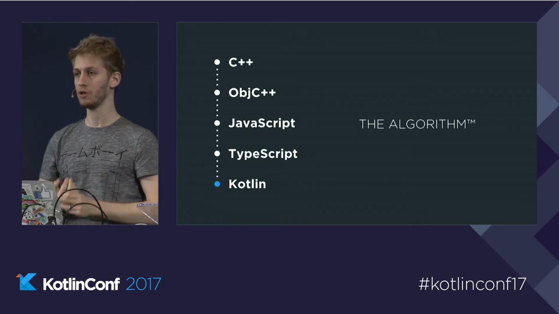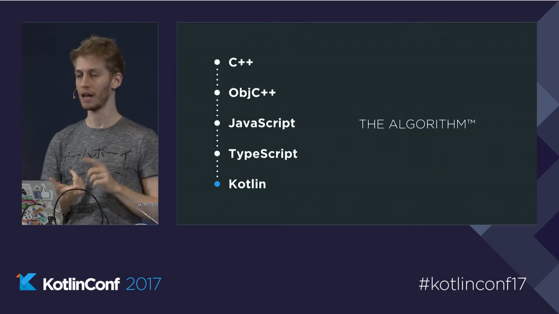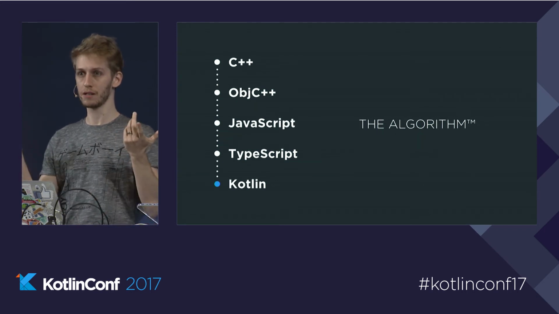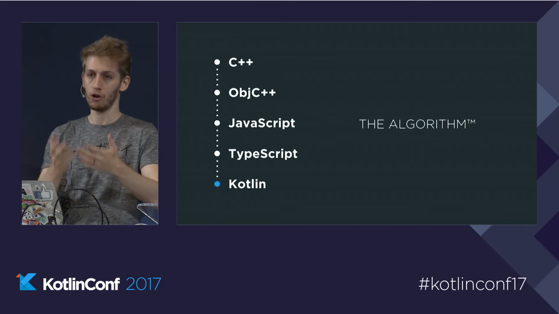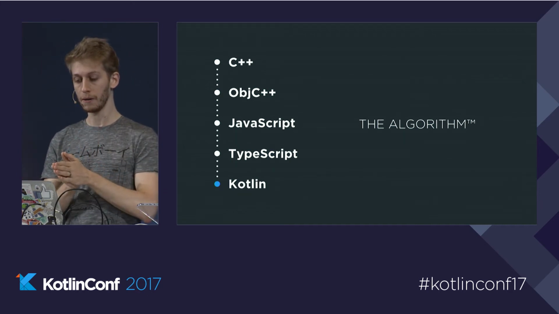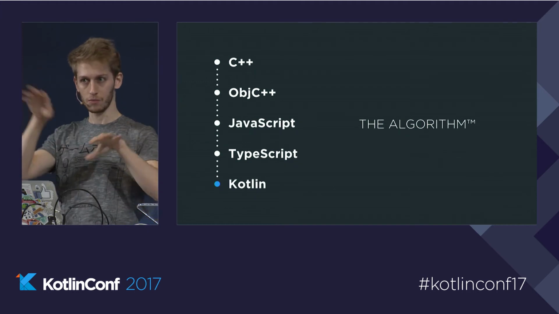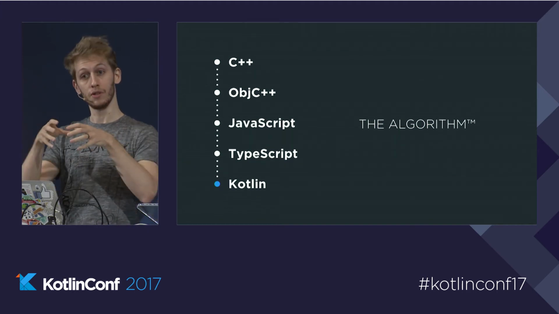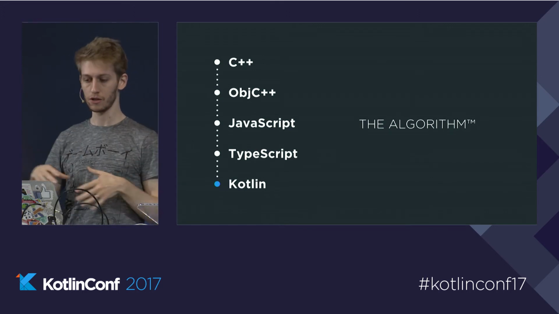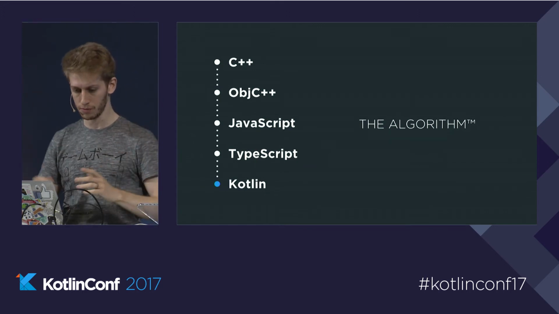Like on the JVM, you can use static methods. You can use everything the JVM gives you. In JavaScript, you can use dynamic types, which obviously are not a Kotlin thing, but in Kotlin for JavaScript, they are. But when you do share code across these platforms, you do have this subset, so it is safe to use, but it's also easier to specialize it. So you get the best of both worlds, pretty much.